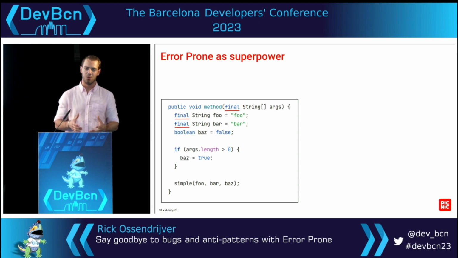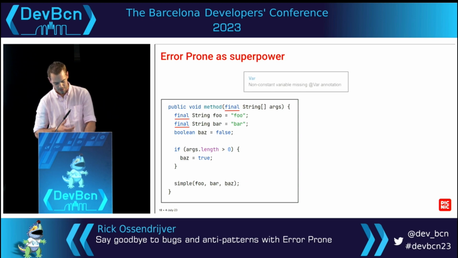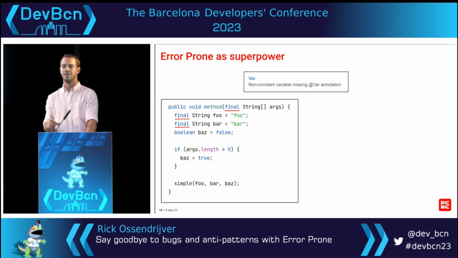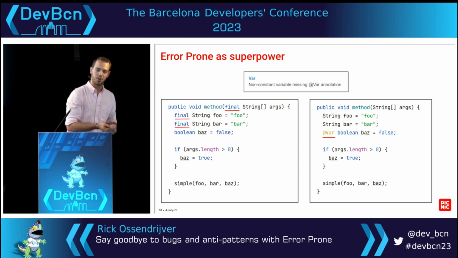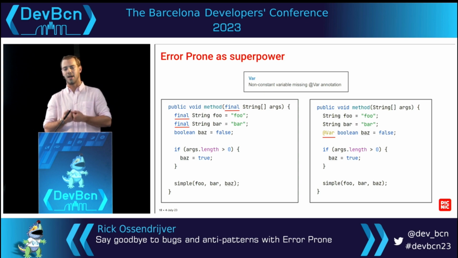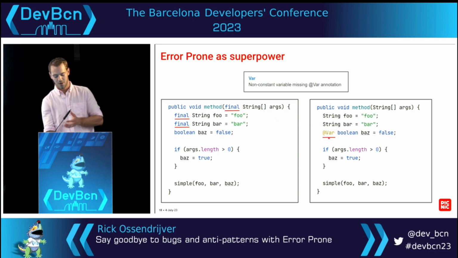So what you can do with the var bug pattern is actually completely flip the default here. Instead of having everything mutable, a local variable is by default immutable. And if it's mutable, then you have to add the @var annotation, which is this is an example.